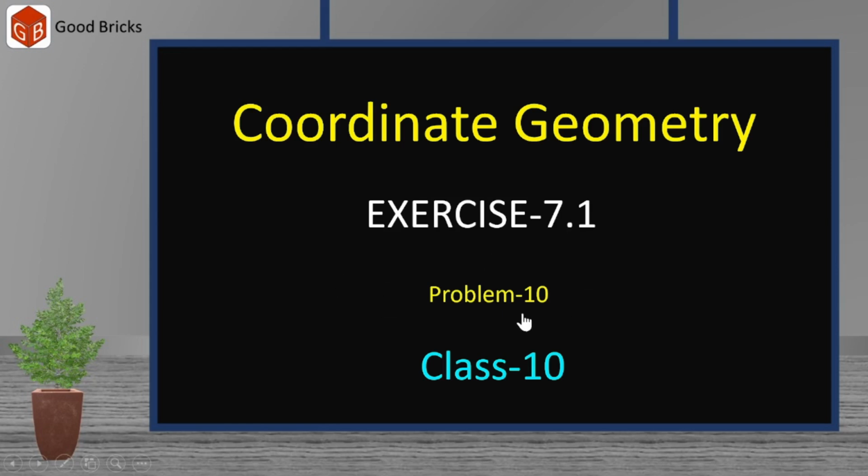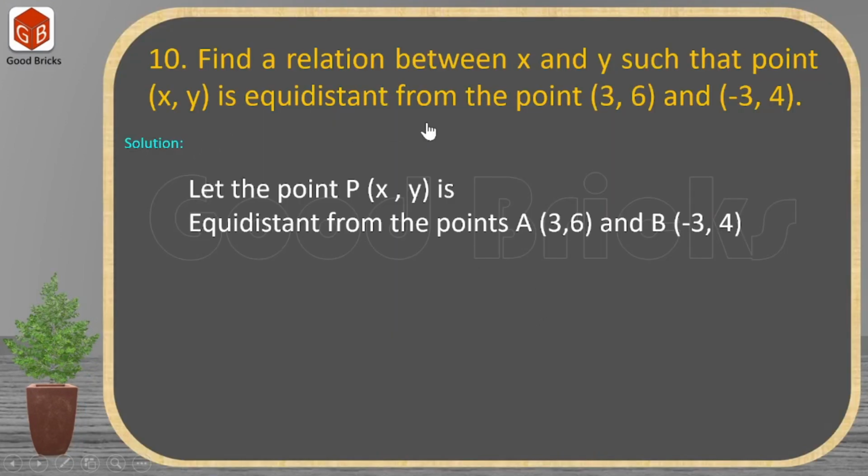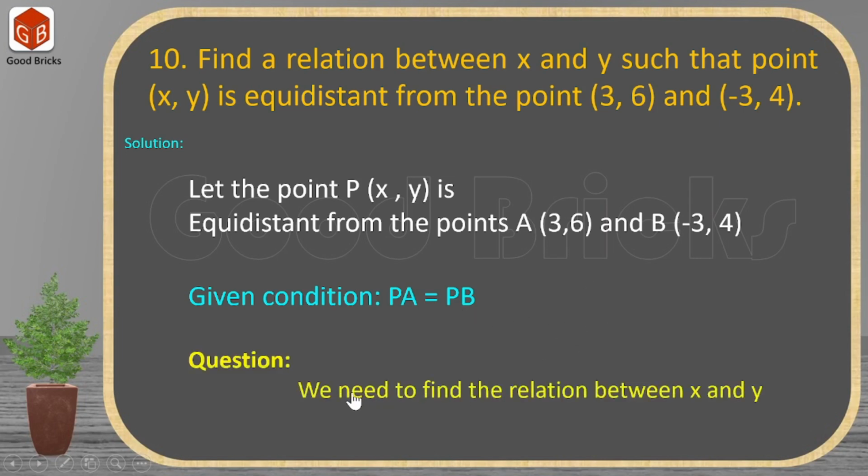Let us now solve the last problem, that is the 10th problem of this exercise 7.1. In this, they have given that a point x comma y is equidistant from these 2 points. So let us assume this x comma y as point P, 3, 6 as point A, minus 3, 4 as point B. As per the given information, we can write PA is equal to PB. The question is, we need to find the relation between x and y.